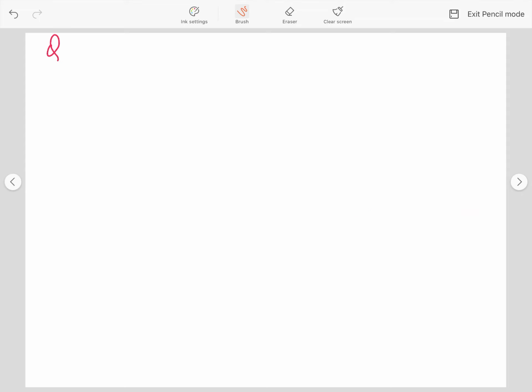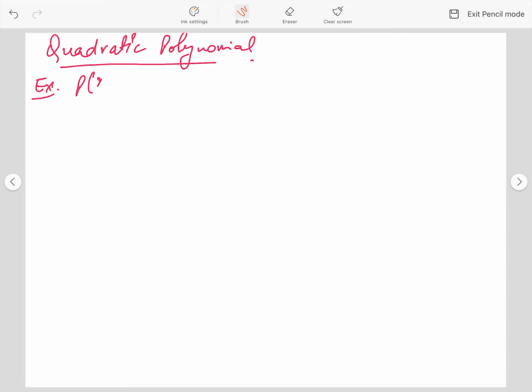Now we will study this for a quadratic polynomial. We will find a relation between zeros and coefficients for a quadratic polynomial. For that, let us take one example. Take any polynomial, say p(x) is equal to 3x square plus 5x minus 2. Now by middle term splitting, we will find its zeros.